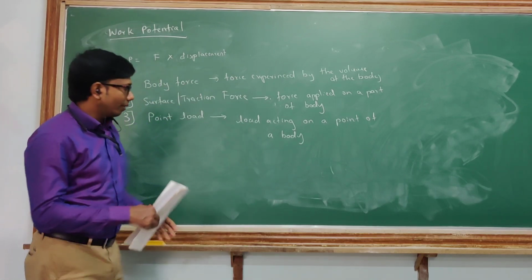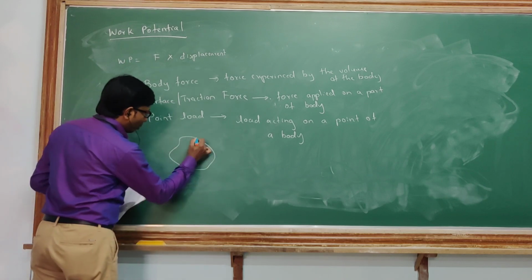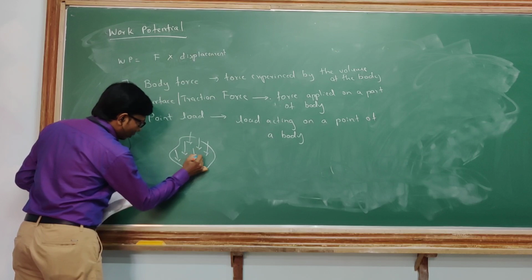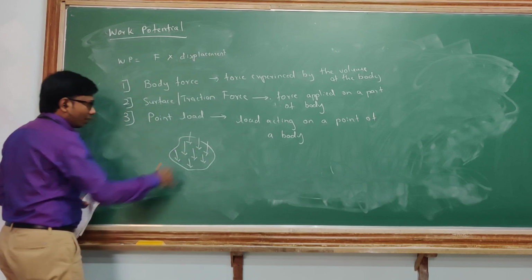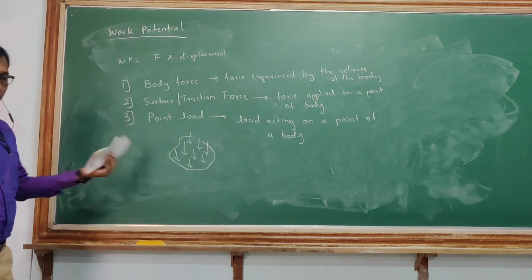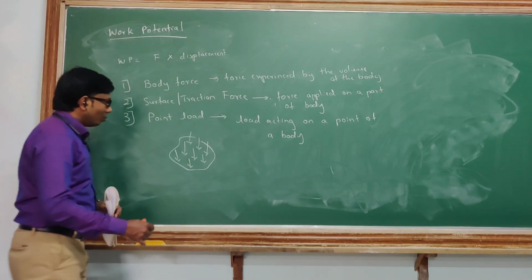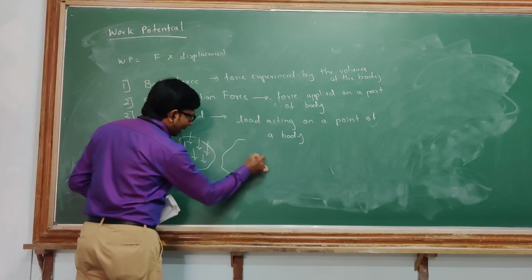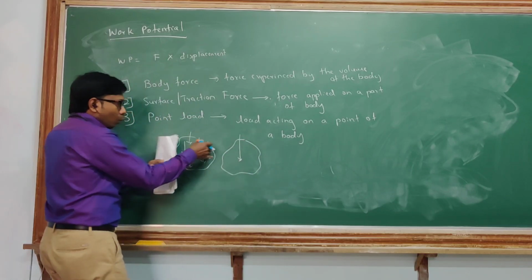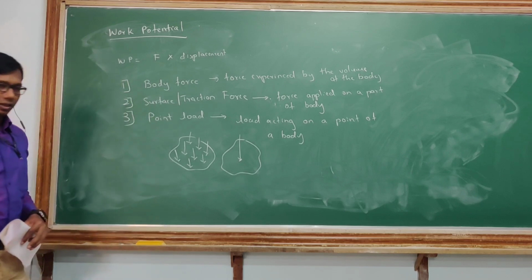If a body is subjected to a surface force like this, I would have to integrate over the whole area, how much load is applied. Instead, I take an algebraic sum and give one load which is equivalent to this surface force.